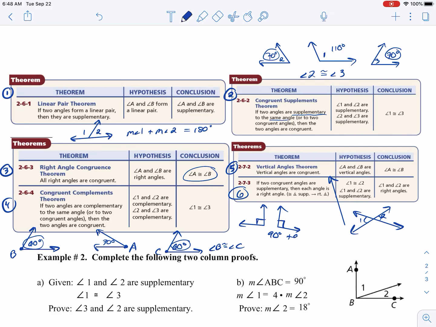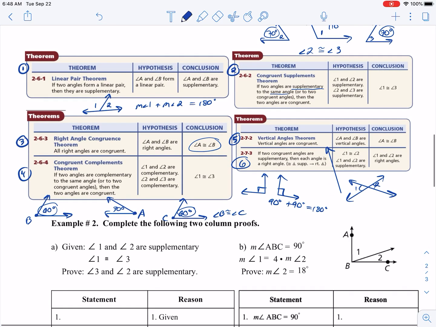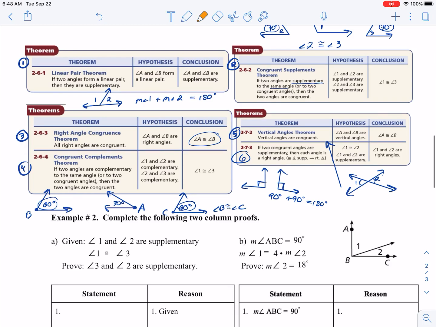So a quick review of some theorems we've already talked about, some that might have been introduced to you today, but that's fine. But we've definitely already covered linear pairs, vertical angles, and right angles. So maybe just the congruent complements and congruent supplements was new for you today.